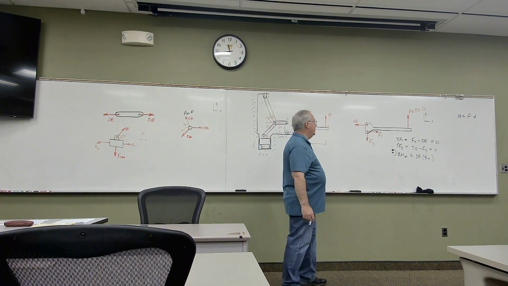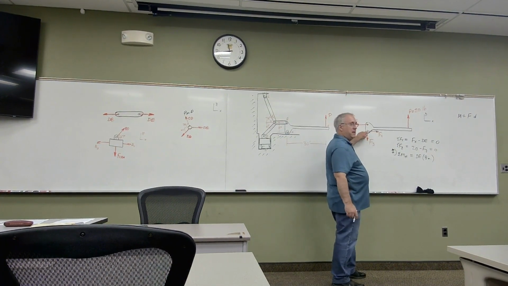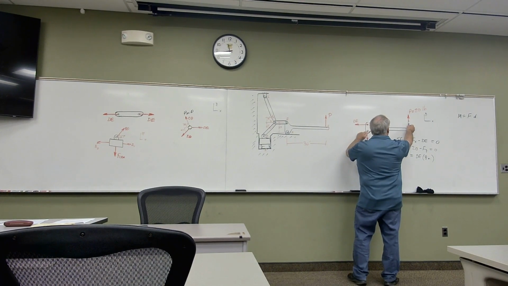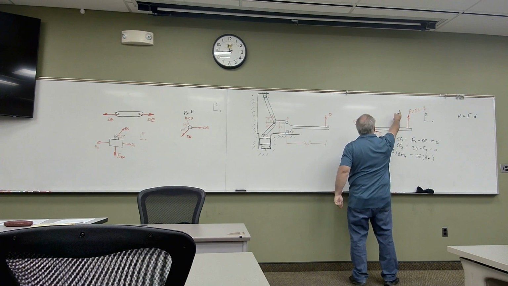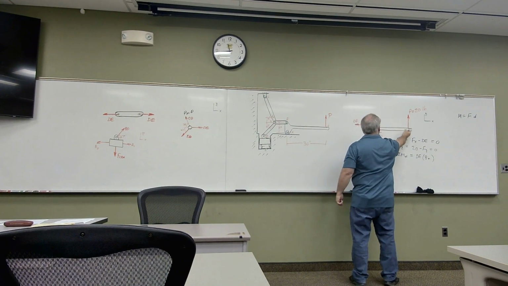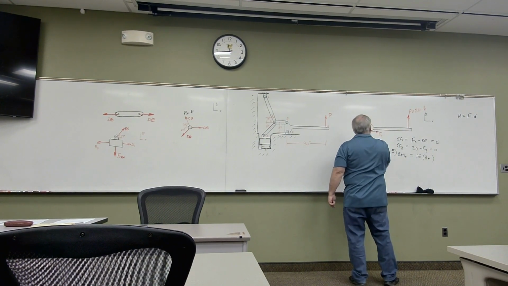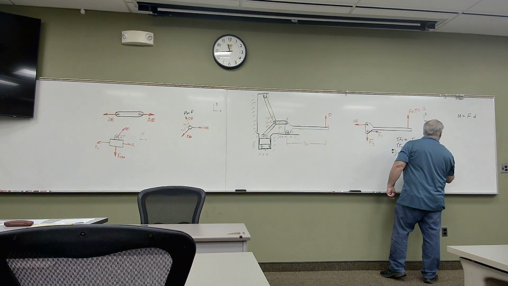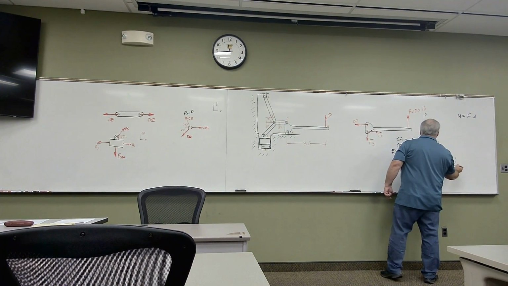Now, again, the same point, and we see the 20-pound force here. The 20-pound force is going to be causing a counterclockwise rotation as well, so it's going to be positive, so plus 20. And now I need a distance here.